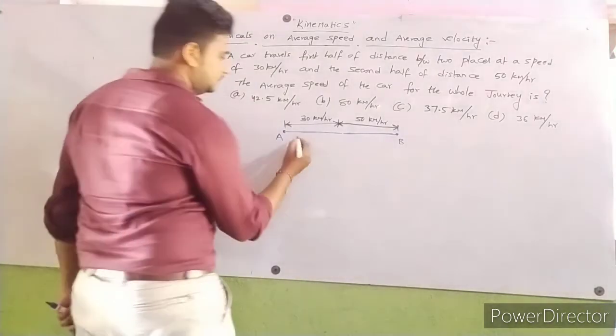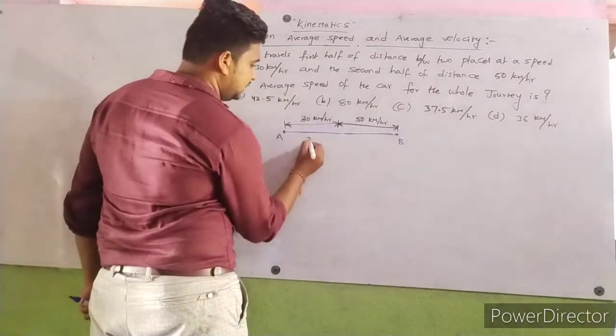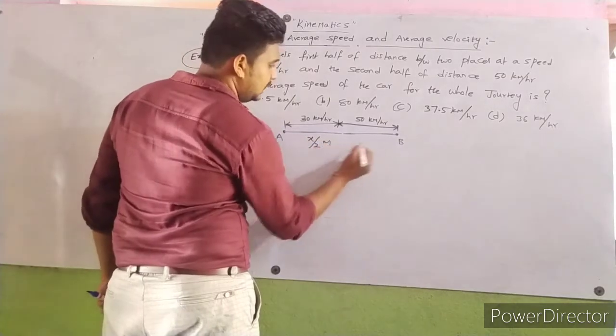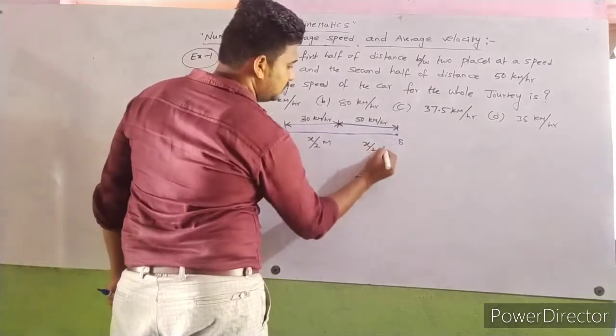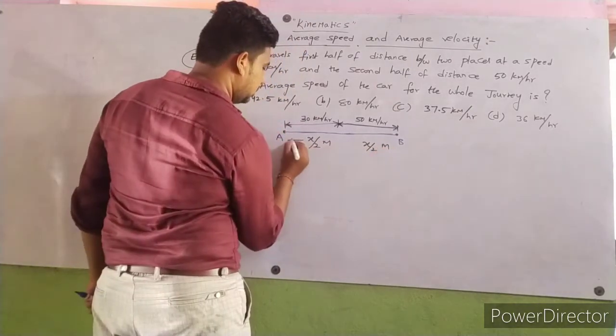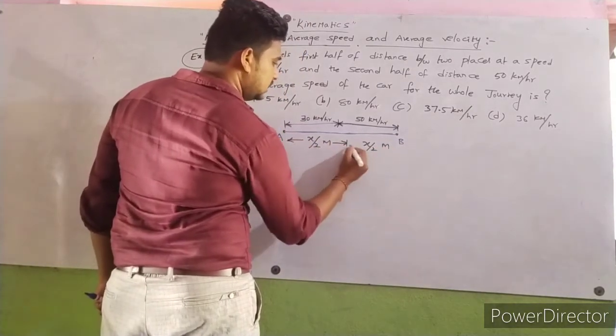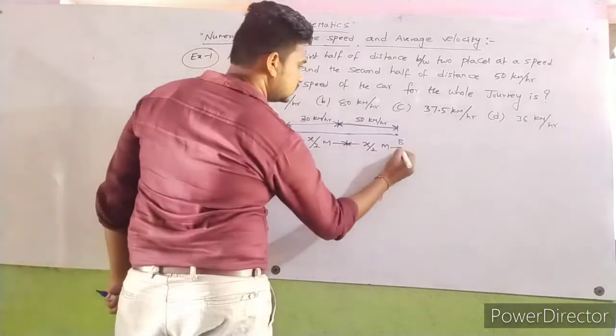Let us consider this half of the distance. This distance is s by 2 meters, because it is half of the distance.